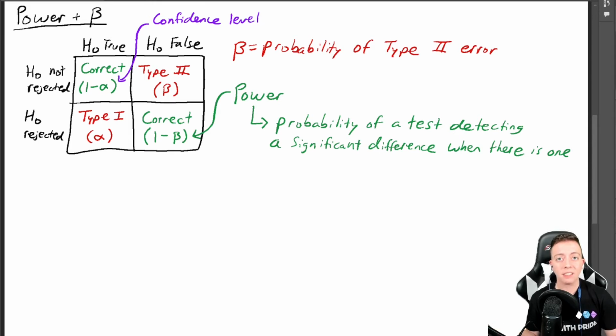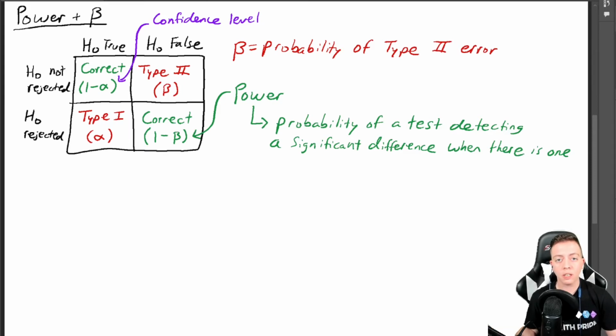I want to be sensitive enough to not miss a significant difference. Even if I want to avoid type 2 error, I don't want to be so conservative in my approach that I falsely hold on to a null hypothesis when it's not true. That could lead to me not intervening when I should.